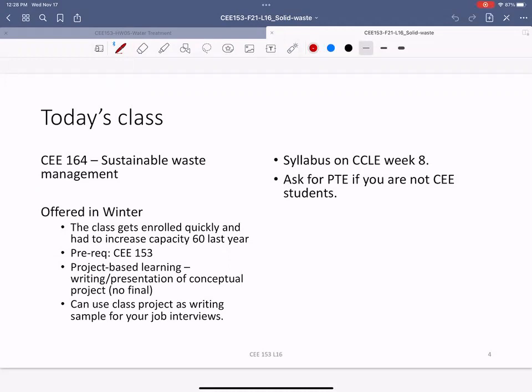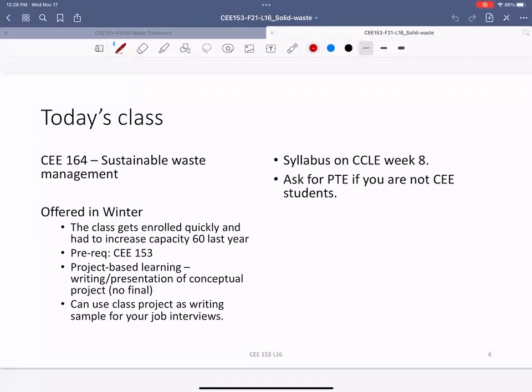The difference between this class and that class is writing. There is no final. You work with a team of 5 or 7 or even 8 students to design a sustainable treatment system, and you write a report. You learn how to write a report, and that's something you can take to your employer.